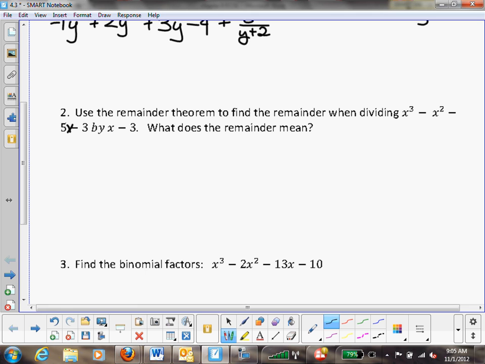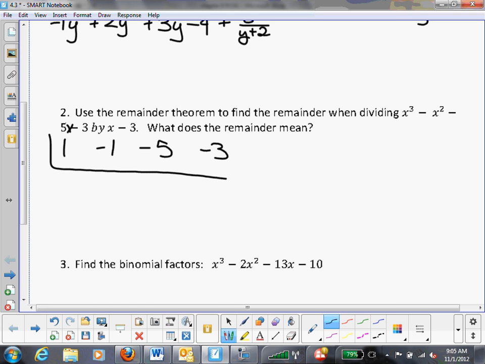All right, so let's do it with synthetic division. We have a cube, squared, single, and integer. So we're going to go 1, negative 1, negative 5, negative 3, correct? And what are we going to divide by?